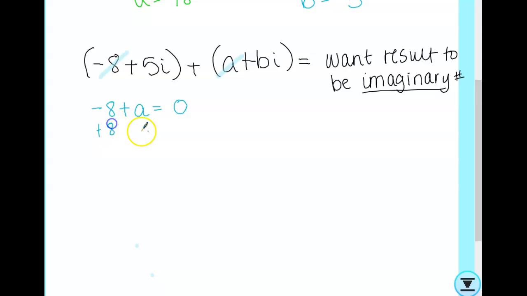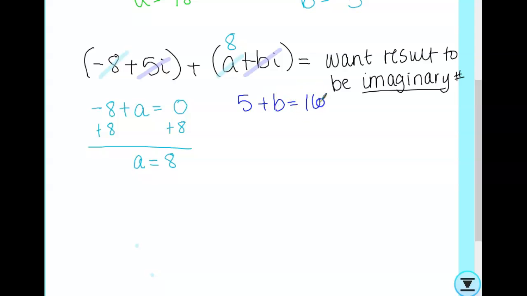So if we add 8 to both sides, we get that a has to be equal to 8. So this would be 8. And then the imaginary part can really be anything as long as they don't cancel out to 0. Okay, so I could do 5 plus b could be equal to 10.